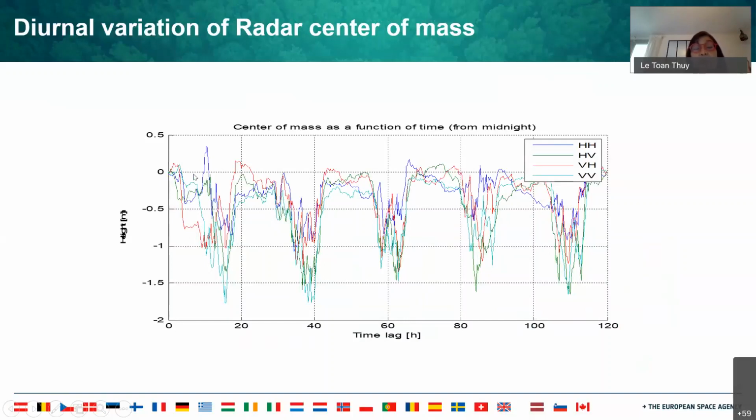From those distributions, we calculate the maximum of the distribution. Here we see the center of mass going up and down in time, in hours from midnight. Every day it goes up and down, and it changes according to the polarization. So it's something to do with the trees themselves, not the radar.